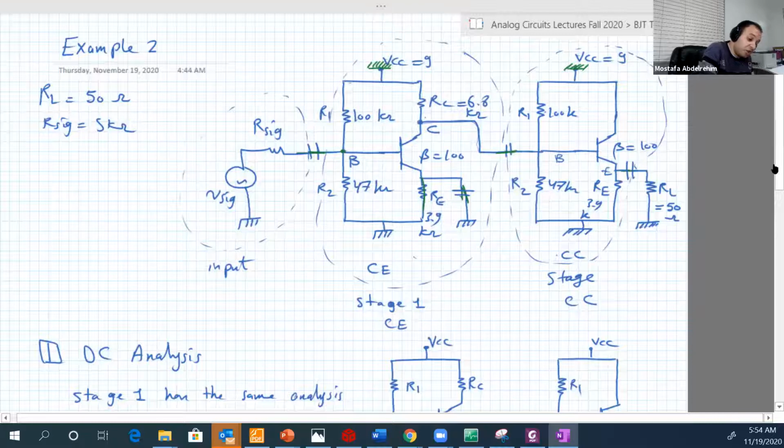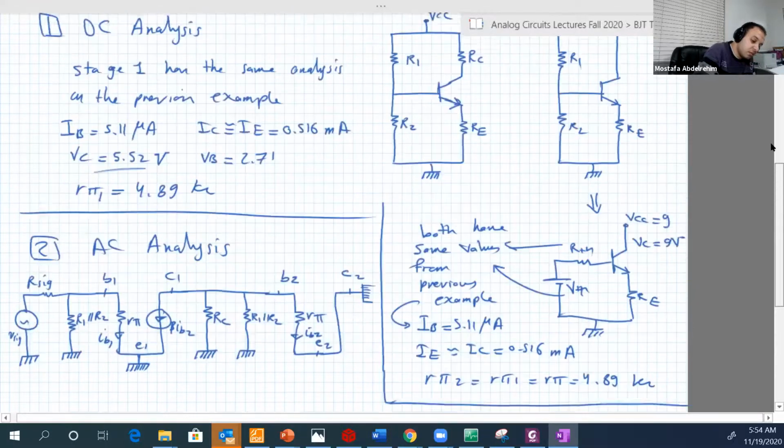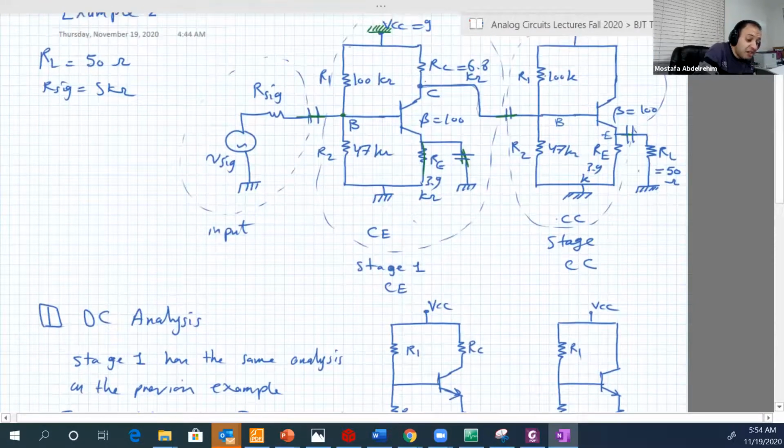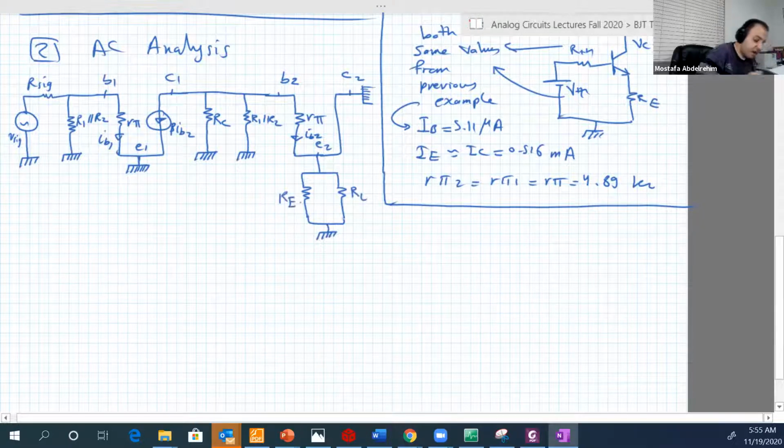The collector is connected to ground. And between the emitter and the ground, there is RL and RE in parallel. So here is the emitter, we'll have here RL, RE in parallel.